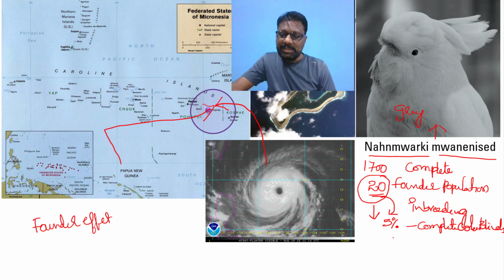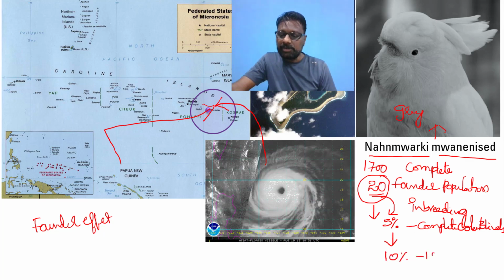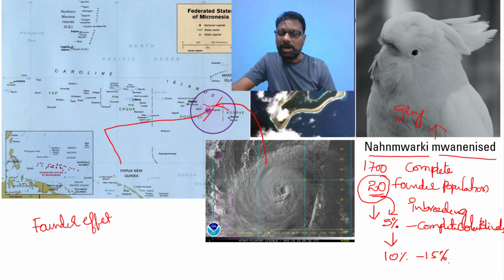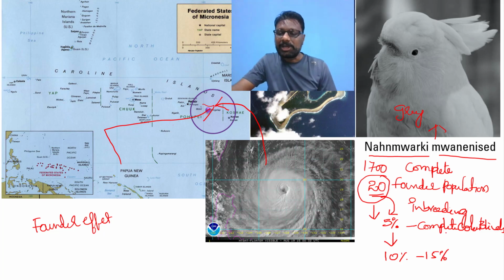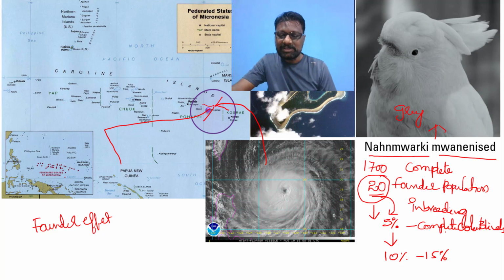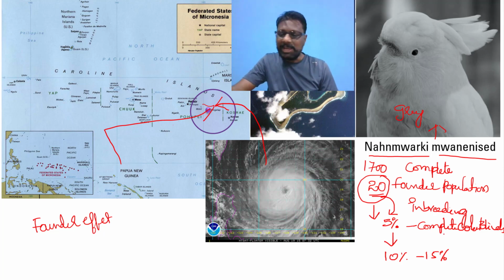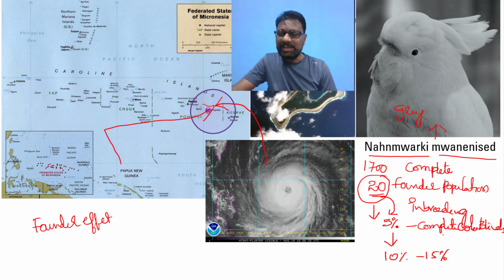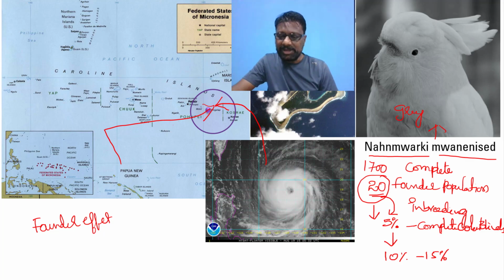And now it has grown to 10 to 15% of the people who have complete color blindness. This is mainly because of random chance or complete inbreeding.